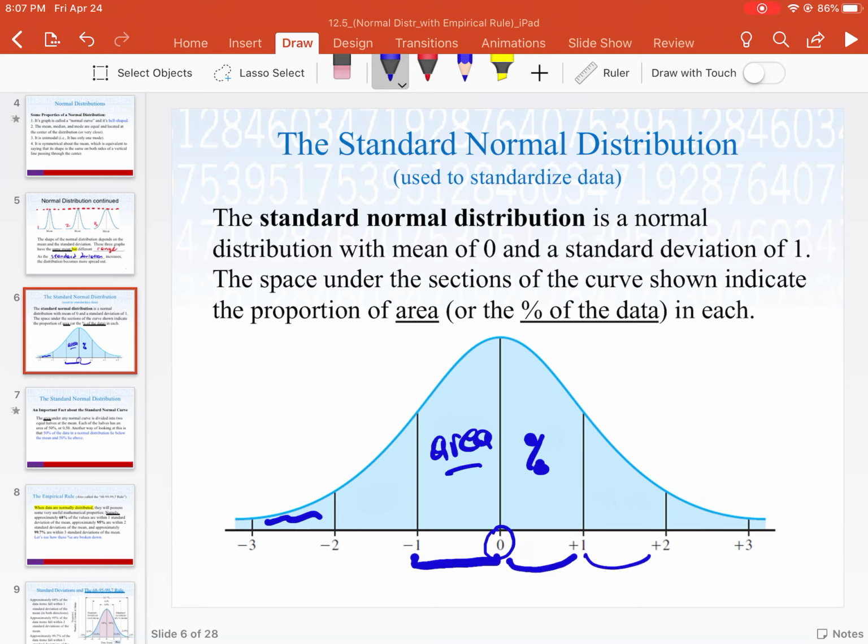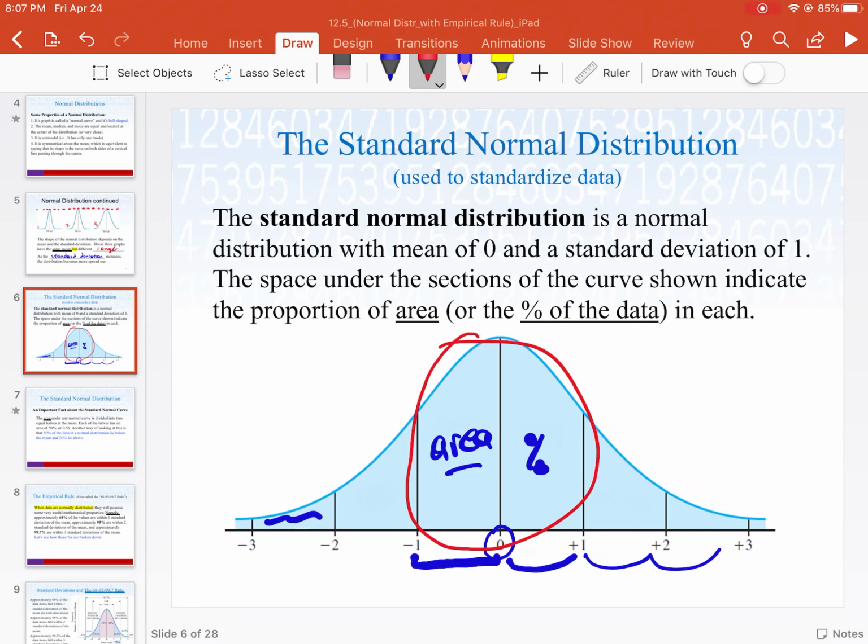And as I keep going up, these pieces drop in size because I'm actually running out of people, right? I've got most of them. They're already right here. So obviously as I work my way away from the center, the mean, I'm going to have less and less of whatever, light bulbs, shoe sizes, heights, IQs, okay?